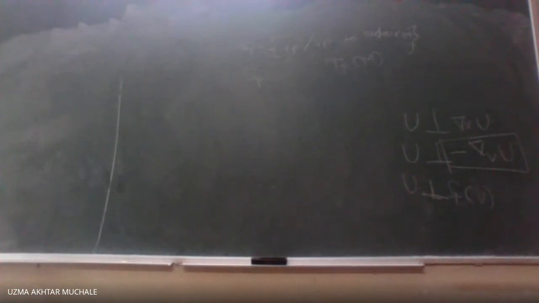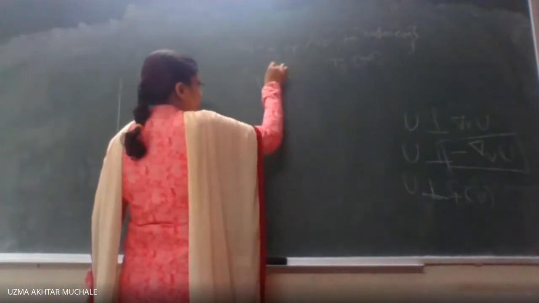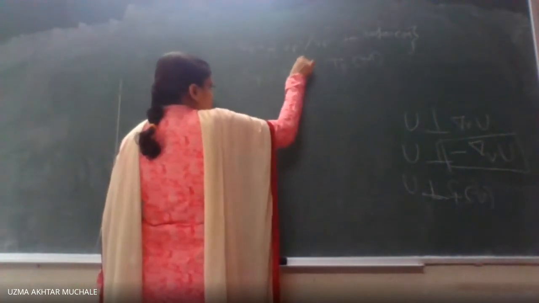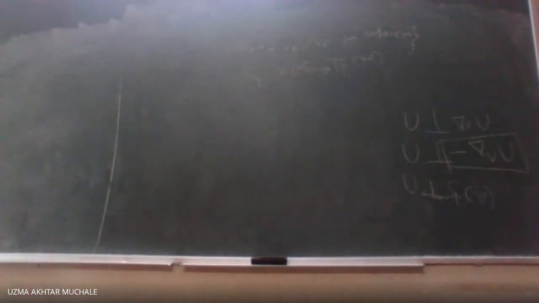That is the collection of all tangent vectors at P, and the domain is also the collection of all tangent vectors at a point P of a surface. Hence, it is a map from TPM to TPM.